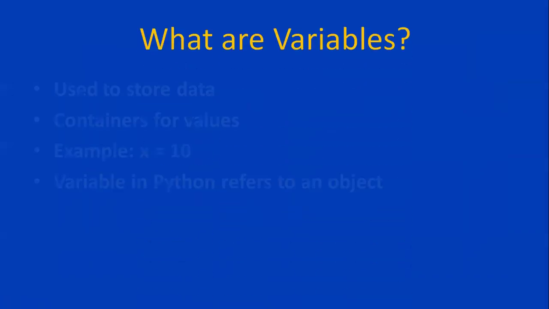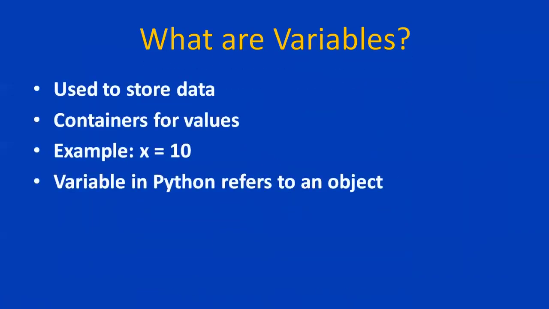Next, what are variables? Do you have any idea about variables? Variables are used to store data. Here is one example: x is equal to 10. This value 10 is stored in x. So variable names act as containers for storing values.